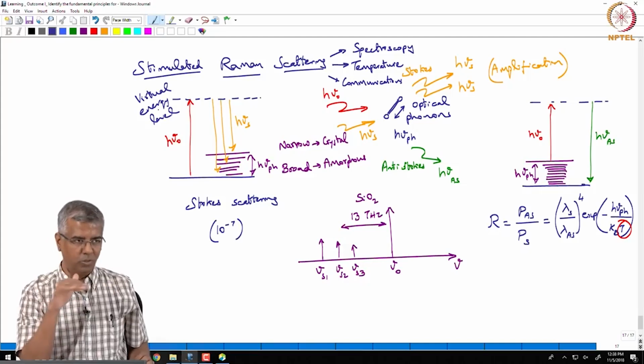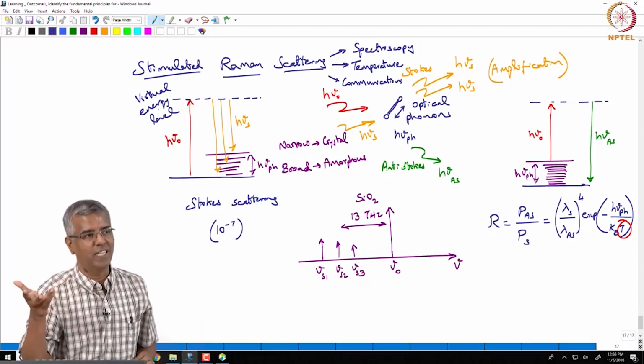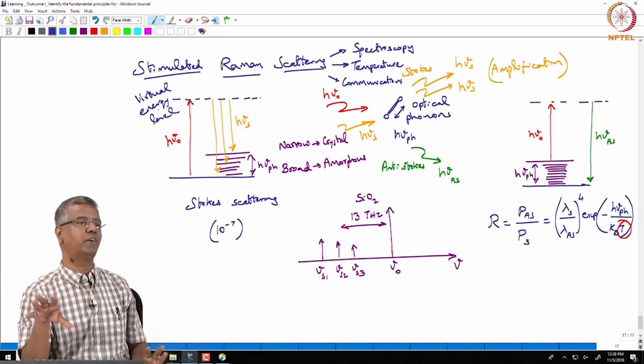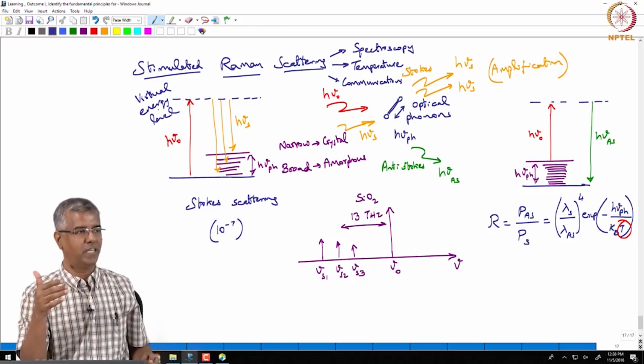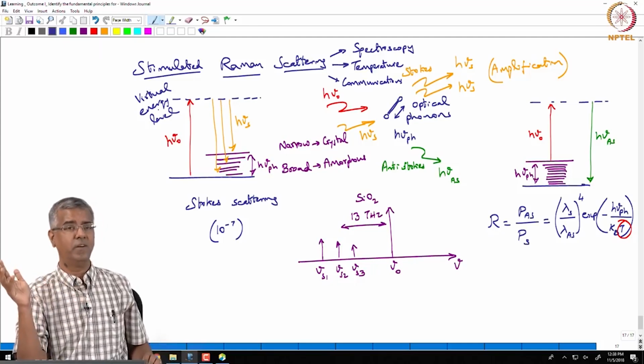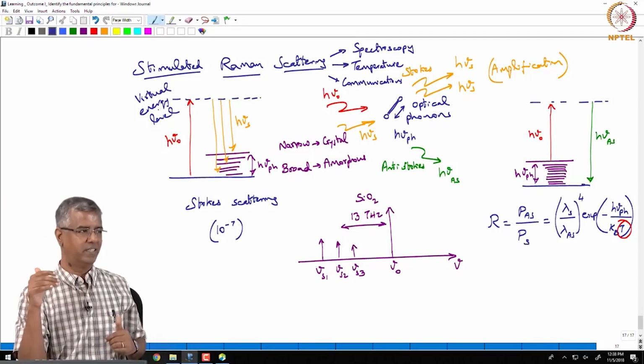Here there is no physical energy level. It's a scattering process. It happens instantaneously. So there is no storage of energy happening anywhere. So that you would say is a disadvantage, because when we talk about stimulated emission, we say we want to build a population inversion, right?